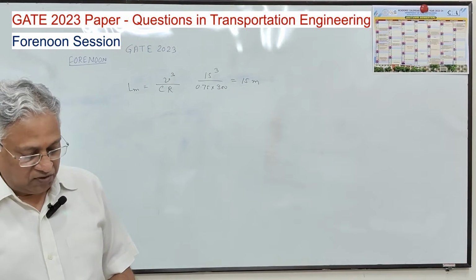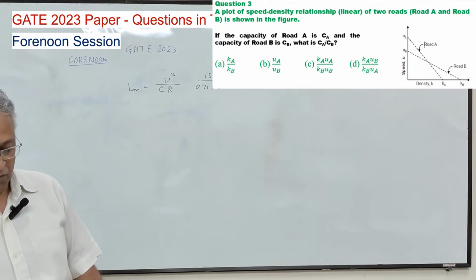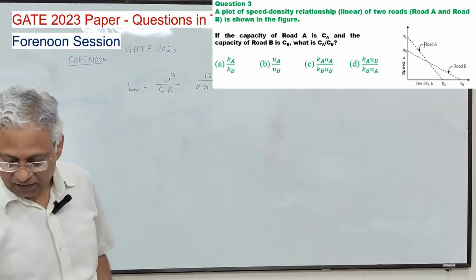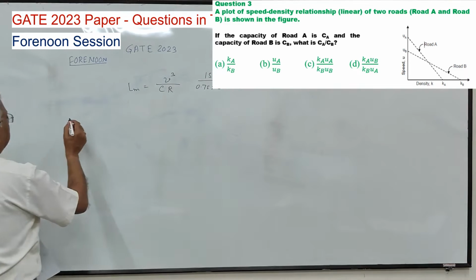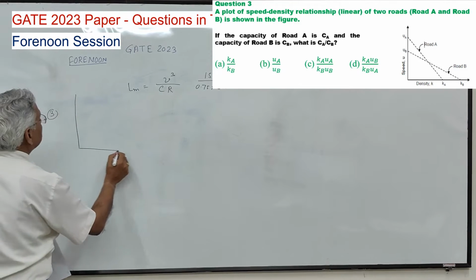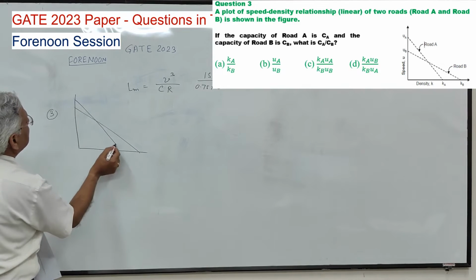The next question is, a plot of speed density relationship of two roads A and B are given. Now this is a typical question. There are two roads and these are their speed density correlation.